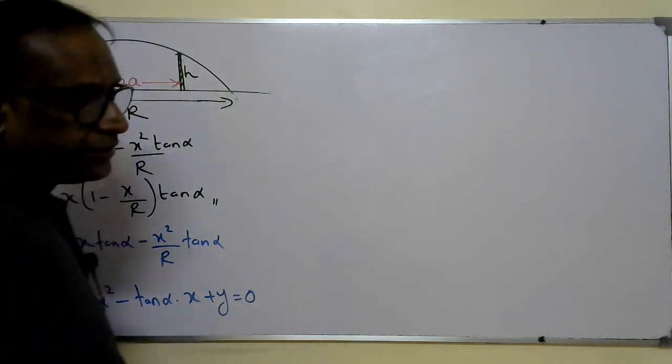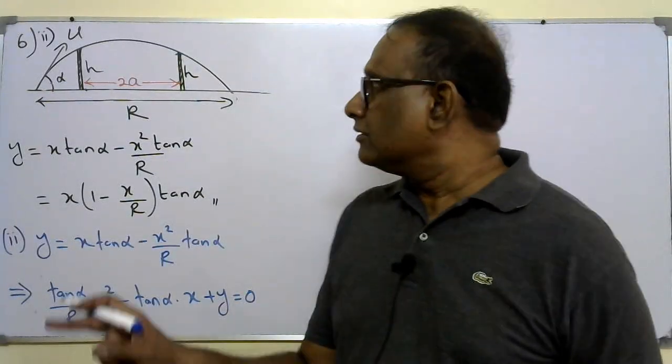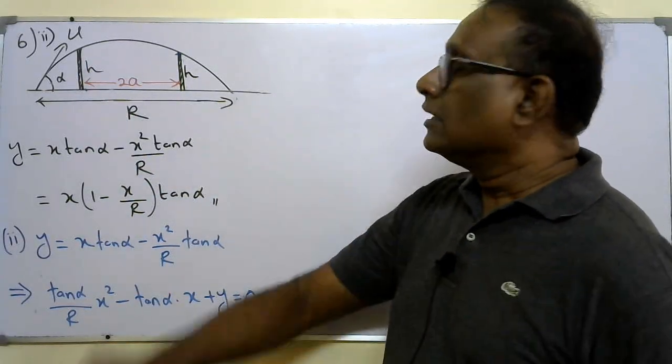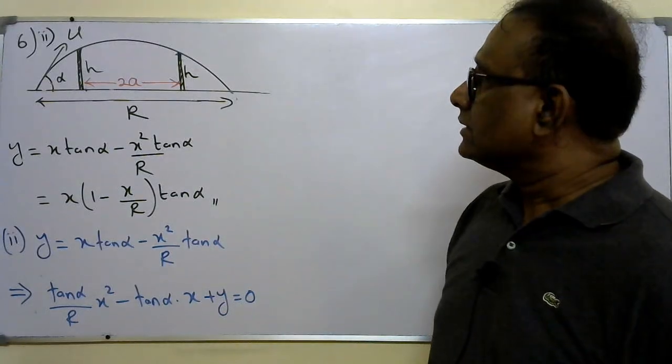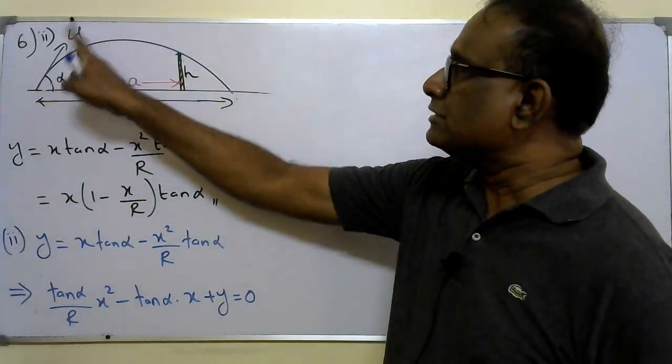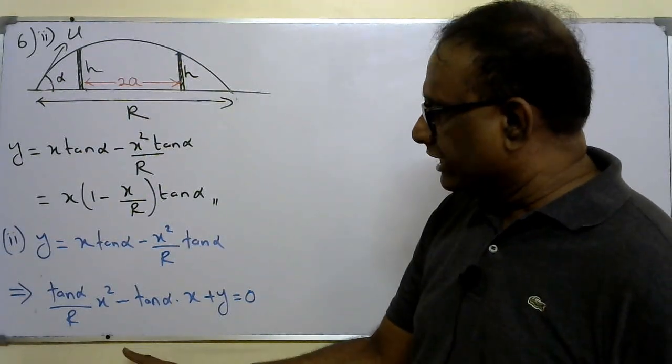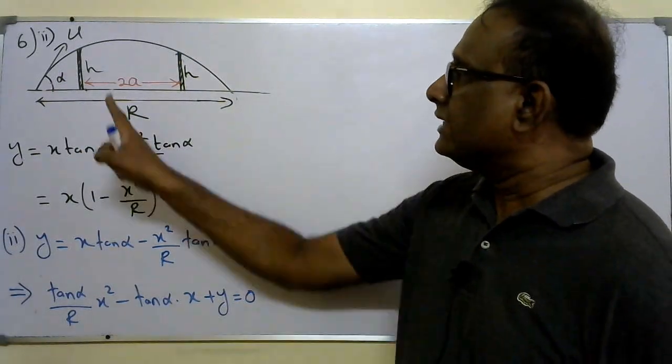equals 0. Right, that means here in this question, for the same height h, there are two different walls or whatever it is. So that means for a given initial speed u, for the given alpha, there are two different x such that the same height.